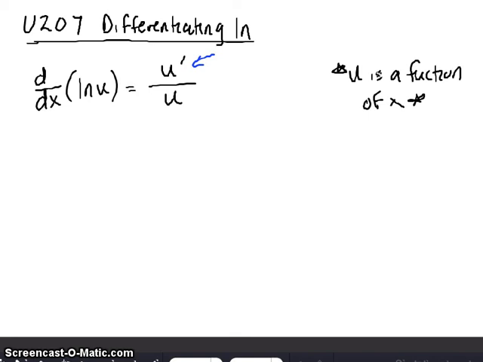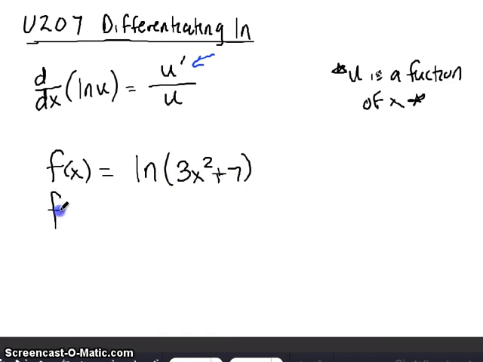So an example of what we might see with our natural log is natural log of 3x squared plus 7, we'll say that's f of x. So to find f prime of x, if we look at our rule, it says natural log of u. Here we have natural log of 3x squared plus 7.